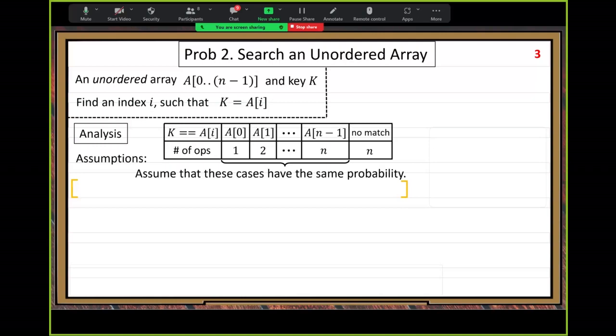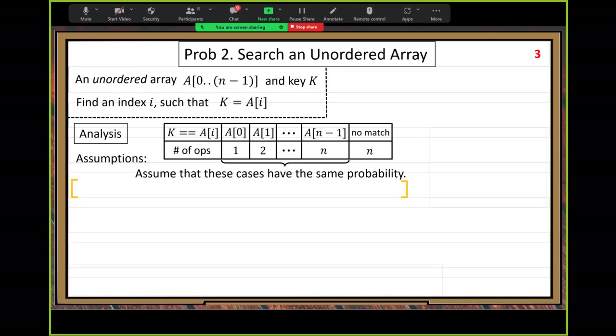In each of the first n cases, we find the key, given the key in the given array. We find it. So that's the first n cases. Here we assume that the first n cases have the same probability.